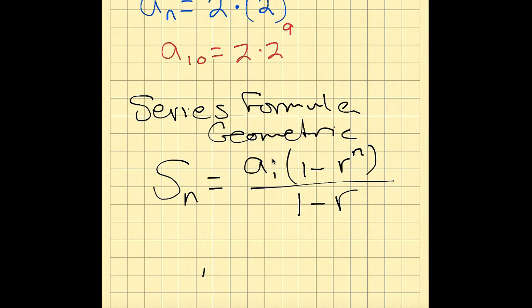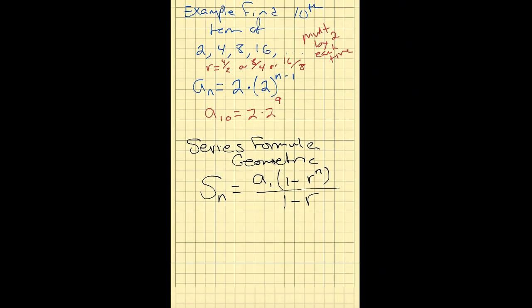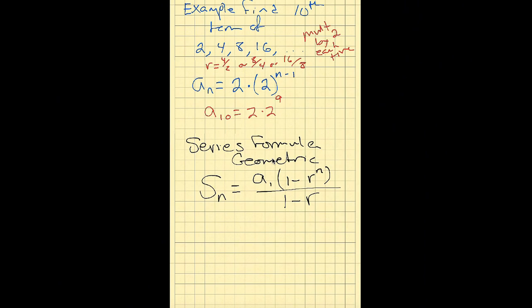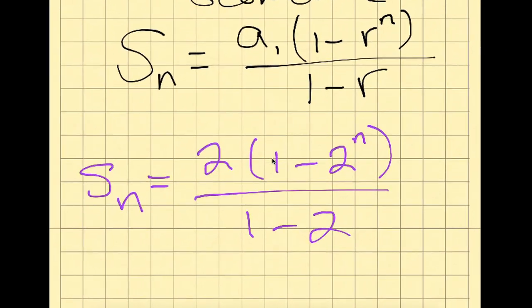Because if we take this last example and find the sum of the first 10 terms, our formula S sub n would be 2 times 1 minus 2 to the n divided by 1 minus 2. So if we wanted to find the first 10, we'd put 10 in for n and calculate it.